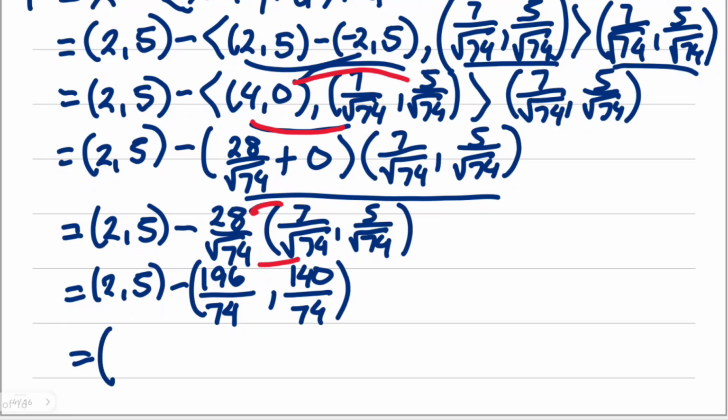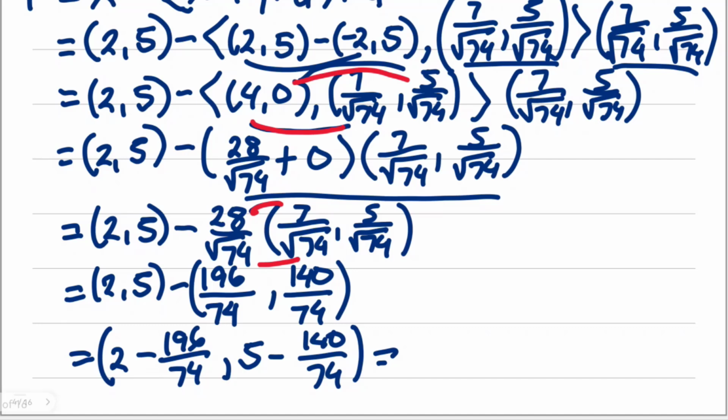So you will have 2 minus 196 over 74. I haven't simplified that in the meantime, but of course you can simplify that on your own. Let's combine them automatically. You may, of course, use your calculators: 2 minus 196 divided by 74. It's actually equal to negative 24 over 37 in simplest form.